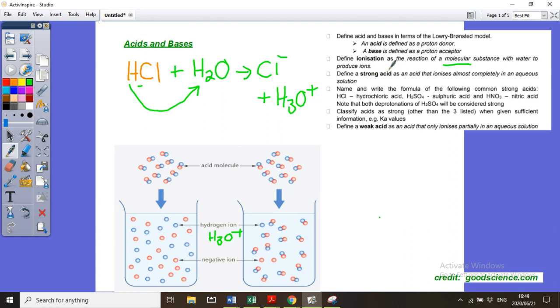Then the next thing they speak about is the complete ionization of a strong acid and partial ionization of a weak acid. If you look at the diagram here, I start off with my acid molecule, which could be HCl if it was the strong one. All my Cl minus ions are these little red ones.